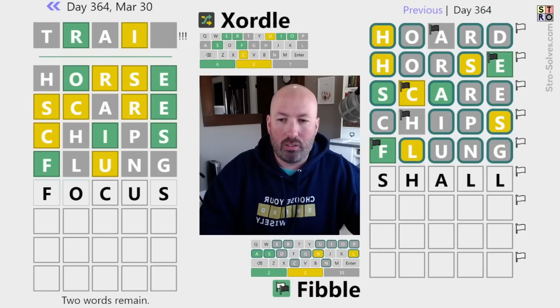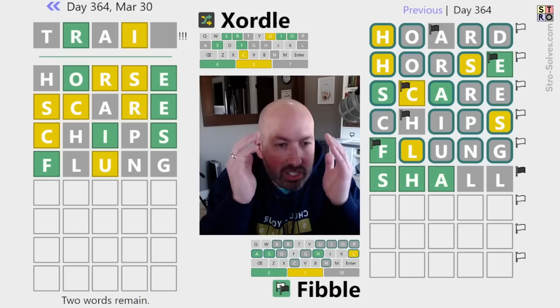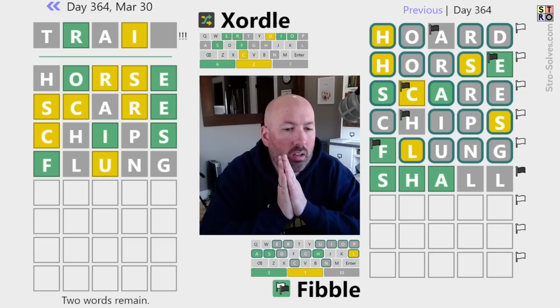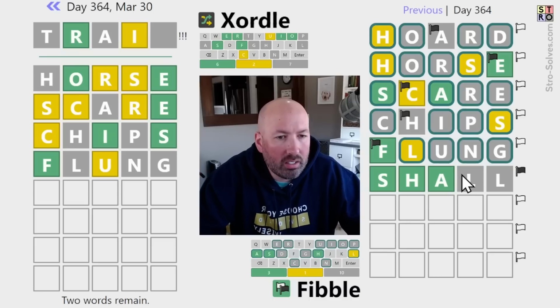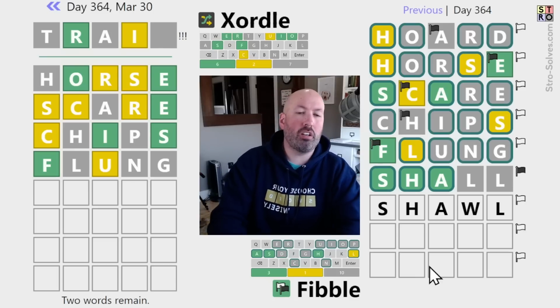And I'm thinking shall over here. So let's go with the Fibble, let's do shall. Oh, it's not shall. Well, it's not shall, what is it? So one of the L's has to be the lie. These are true. Shawl, it's gonna be shawl.